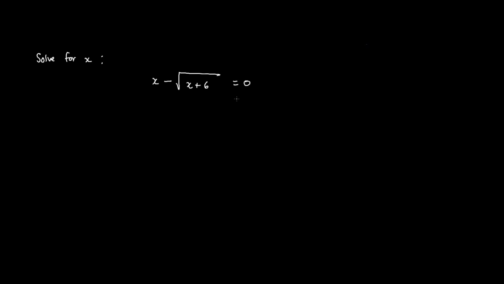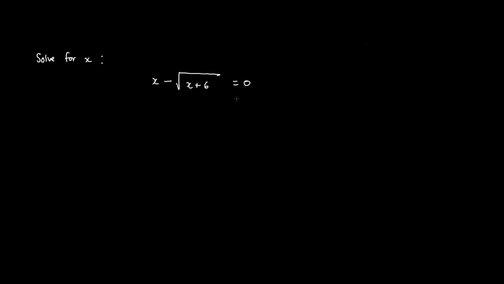Interesting. Now we have a square root here, and I want to get rid of that square root. So I ask myself, what is the opposite of the square root, right? It's the square. The square and the square root, they are inverse to each other, just like the cube and the cube root, or the fourth power and the fourth root, or the fifth, and so forth and so on.